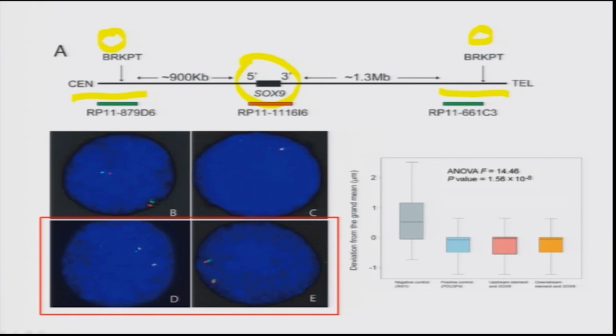If that is the case, what you expect is that you have the promoter here and then the elements are here and here. So, how can these elements communicate with the promoter that is present over here?